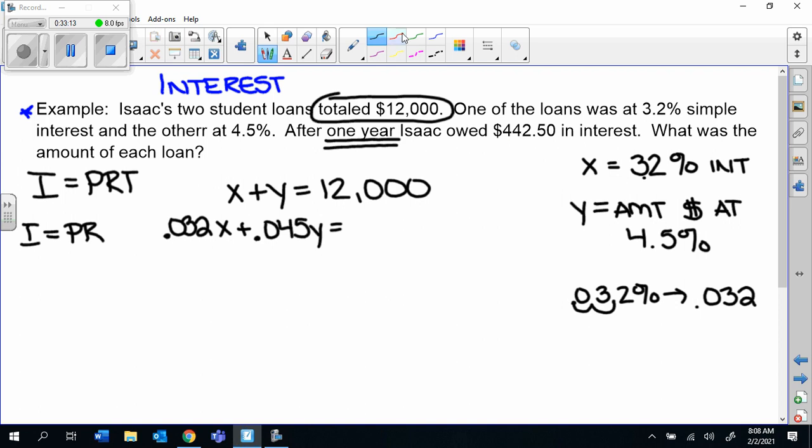And then we don't have to multiply here because it tells us the total interest. So this represents the interest from the first loan. This represents the interest from the second loan. And that total interest is $442.50.